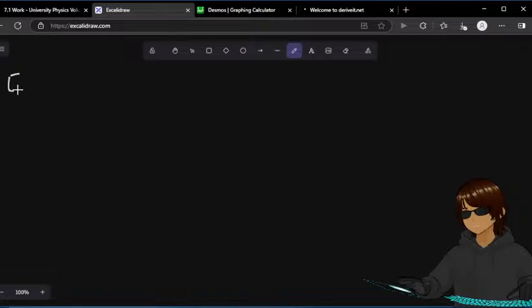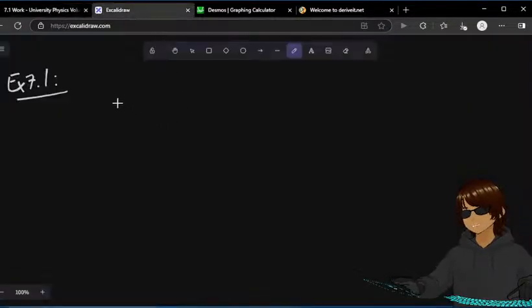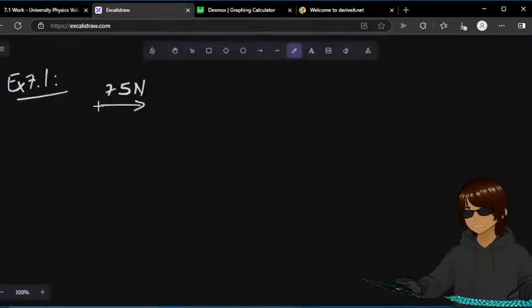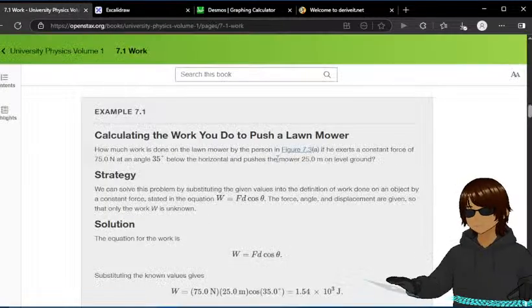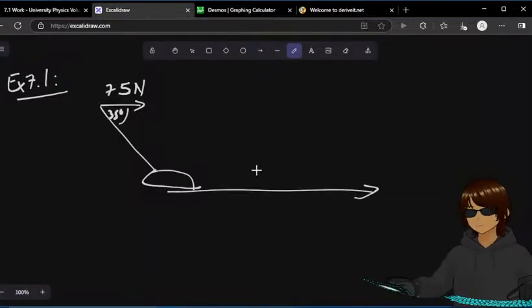Seven point one. 75 newtons. The angle is 35 degrees, and it pushes the lawnmower 25 meters. 25 meters.